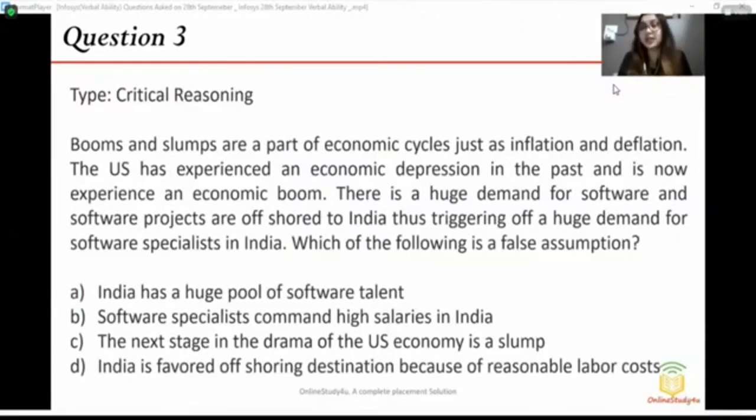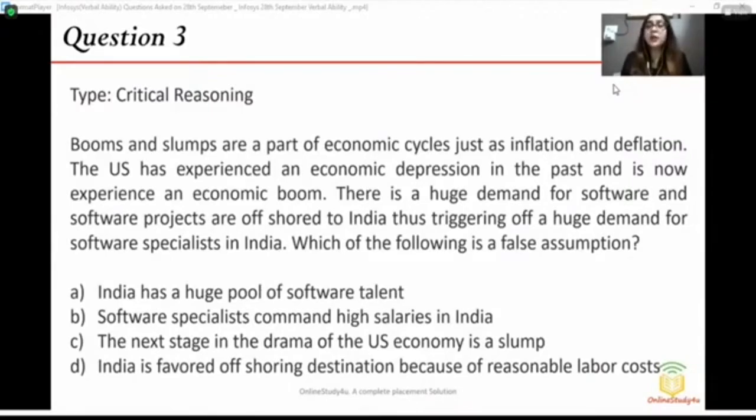Now this question is on critical reasoning, right? And we had discussed this earlier that we were predicting critical reasoning would come for these exams. So we have seen questions on critical reasoning also. The first one says booms and slumps are a part of economic cycles just as inflation and deflation. So this is a passage which is on economics, and it's saying that booms and slumps, you know, your ups and downs are just part of economic cycles just as inflation and deflation.